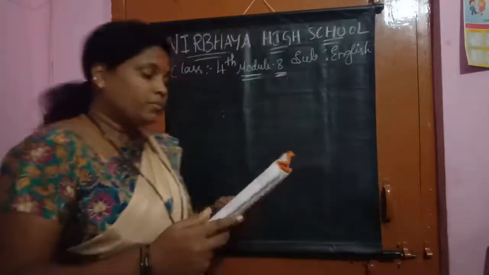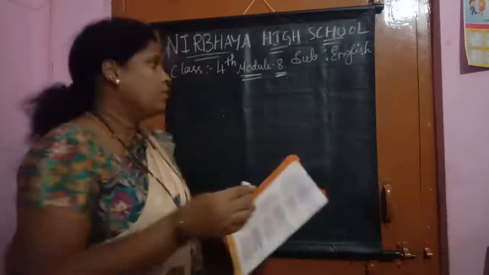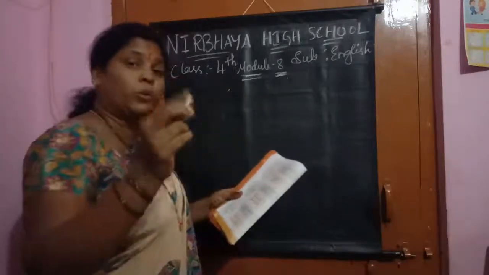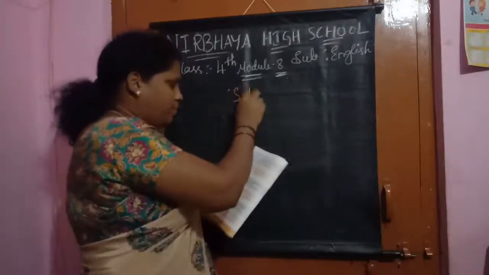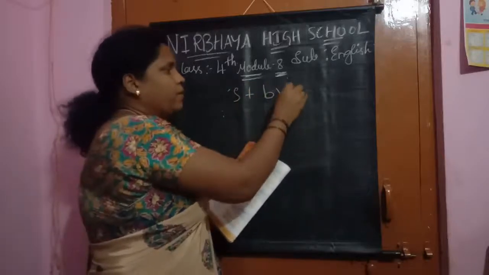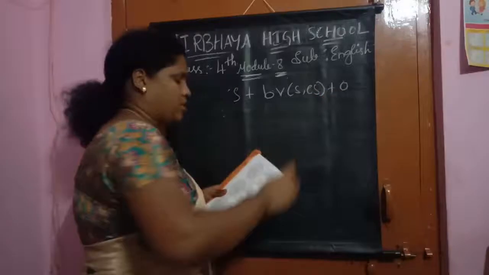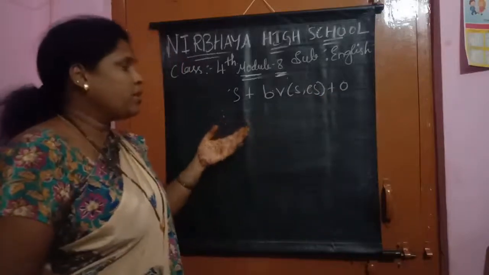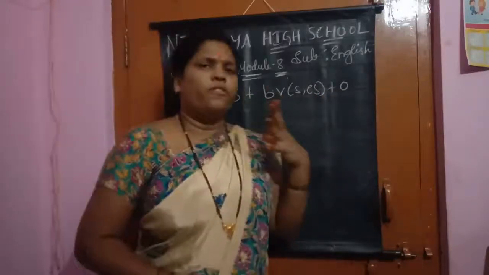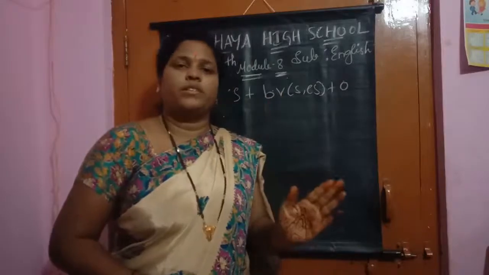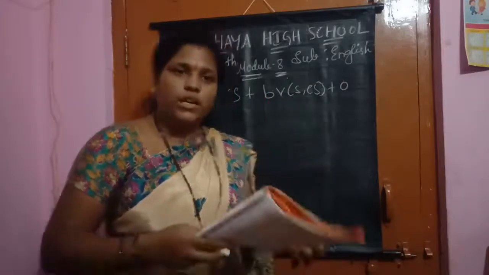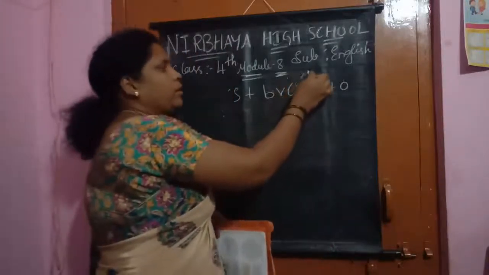Okay. Simple present. What is the rule of simple present? Subject plus base verb. We will add s or es to the base verb, plus object. See, children, first, verb. Verb means what? The action words. Now, what I am doing here, writing.